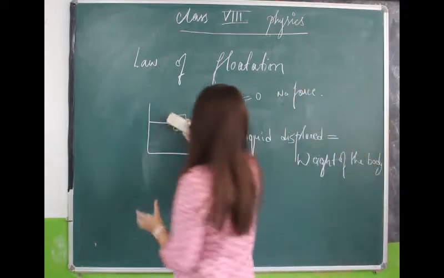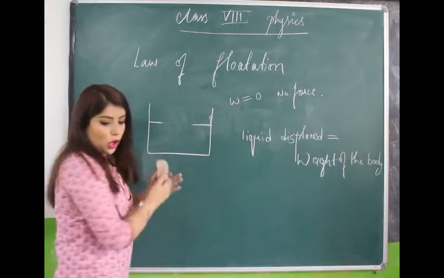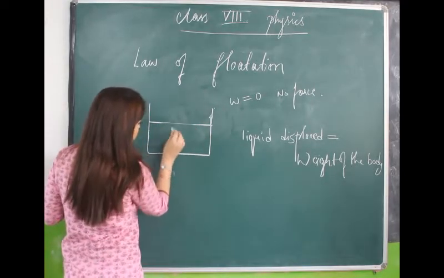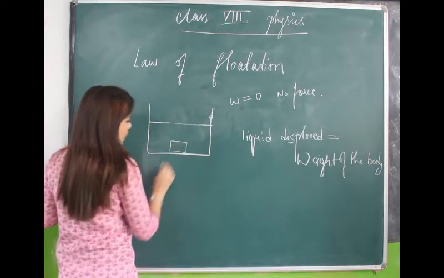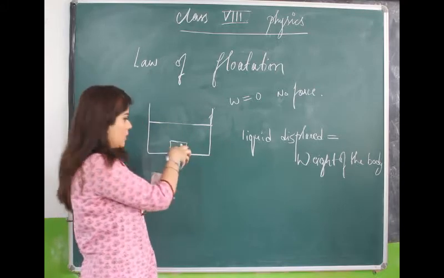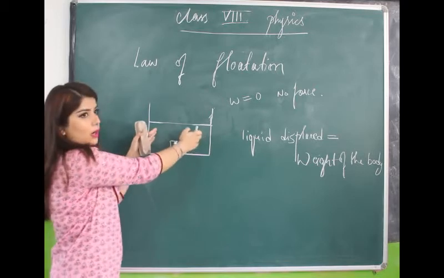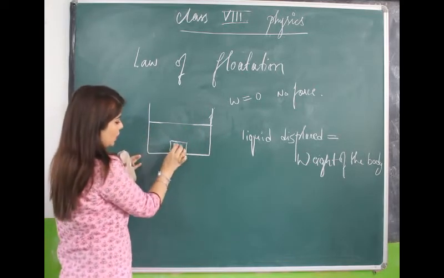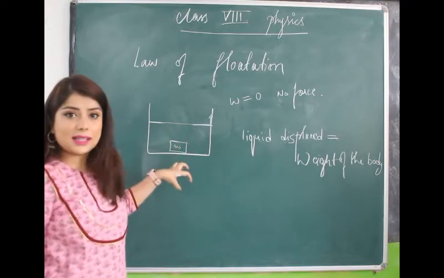If the total body goes inside, that means the weight is more, obviously, because it is the weight that is pulling it down. The weight is more than the force of the liquid. So if it's going down, that means the object is sinking.